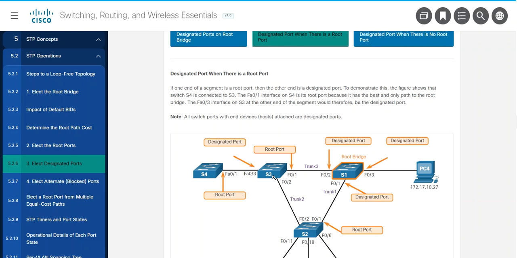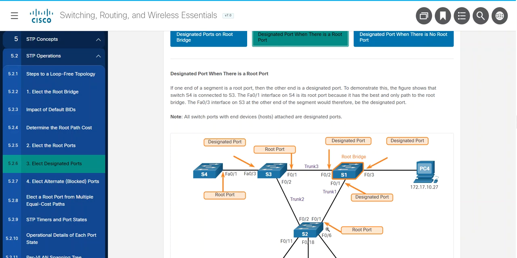But if you're looking at switch 3, you have to determine which is the root port and which is the designated port. So this is the lowest cost path to get to the root bridge, so that would be root, so this would automatically be designated. On switch 4, you only have one, so of course that would be the root port because it gets you to the root bridge.